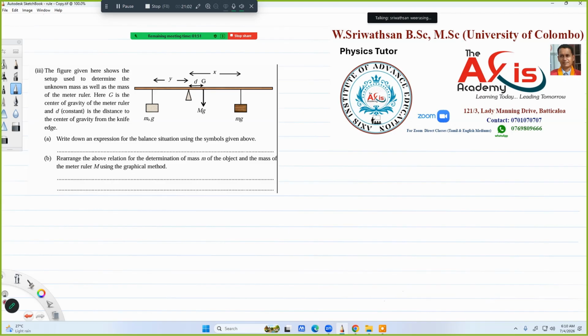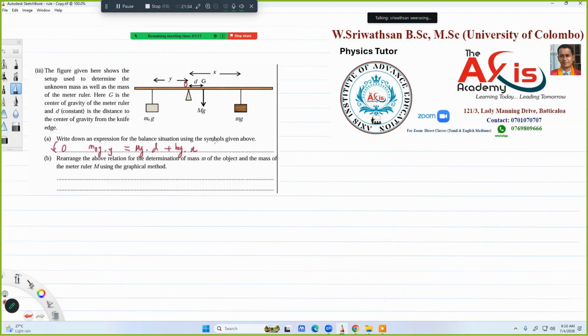What they are asking: write down an expression for the balance situation using the symbols given below. Expression in the sense, if we take moment, let's say this point as O. If we take moment about the point O, left side moment equal to right side moment. That means m naught g into y equals capital Mg into d plus small mg into x.